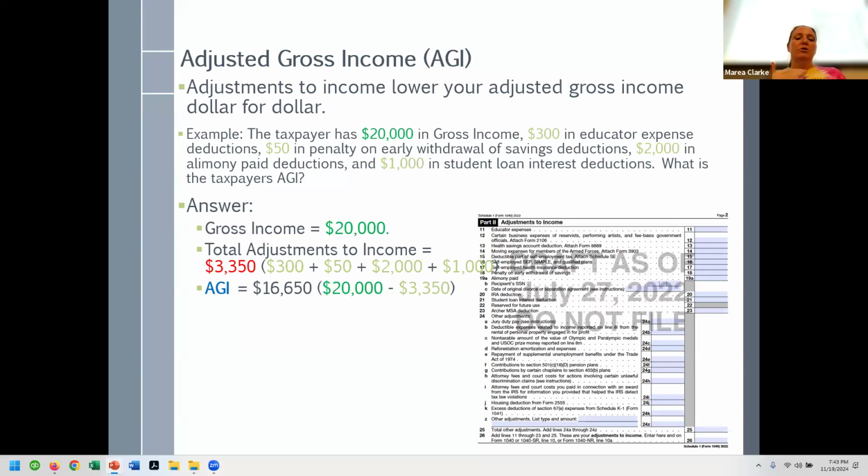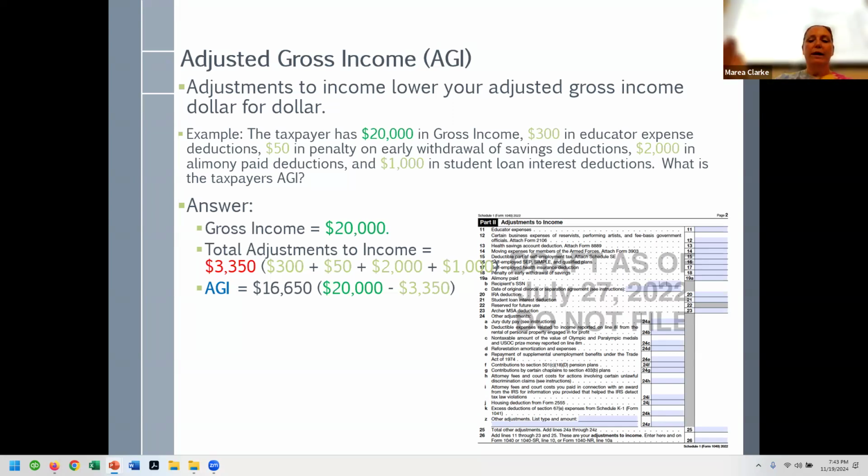They only can lower your adjusted gross income dollar for dollar. So they're not like a multiplier factor. If you have $300 of adjustments, you can take away $300 of income. That's only on the income side. It's not taking away the tax part of it.